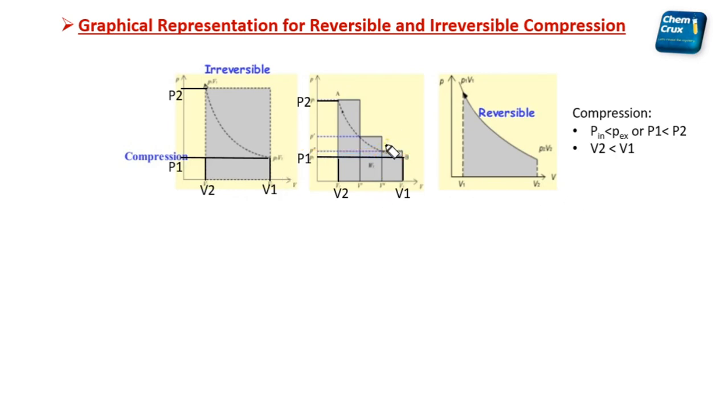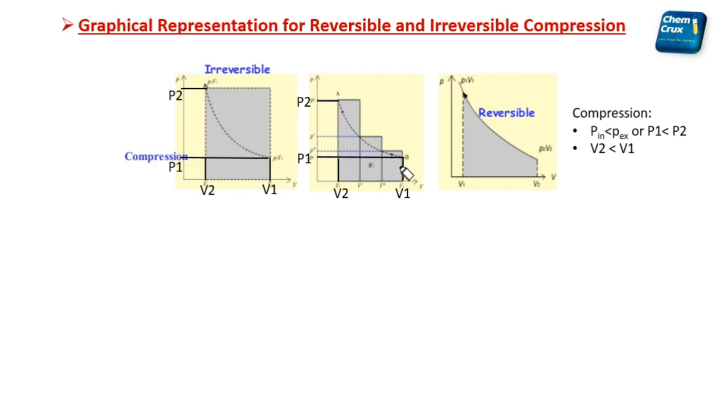Here pressure has increased from PA to say PB and volume has decreased from VA to say VB. So this is the final pressure PB. So net work done will be again the volume change against the final pressure. So this shaded portion will be the work done, right? So for all the three steps, the shaded portion will be the work done.